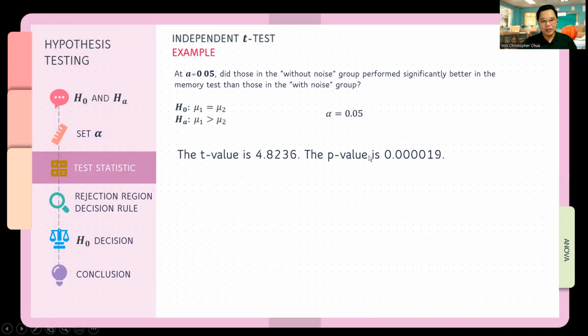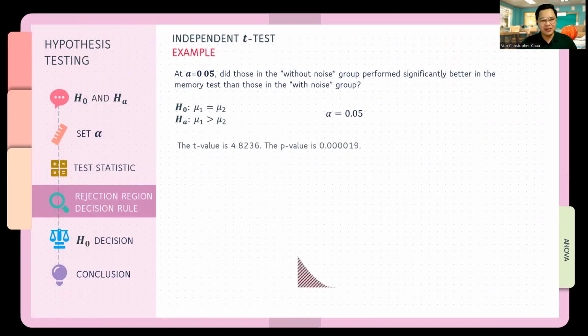Once we do that, we should be able to find that the t-value is equal to 4.82 and the p-value is 0.000019. All right, so the rejection region is determined by the critical value or the test statistic.